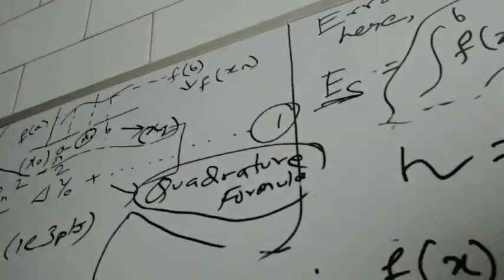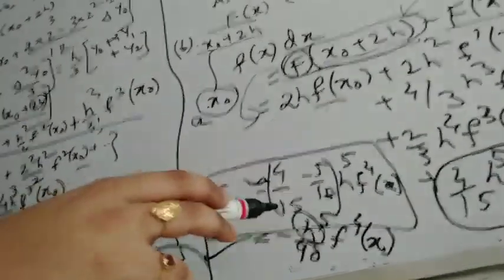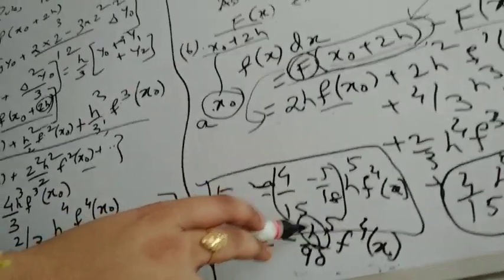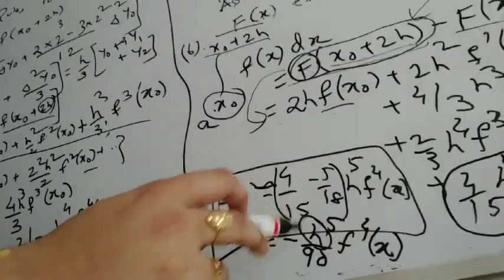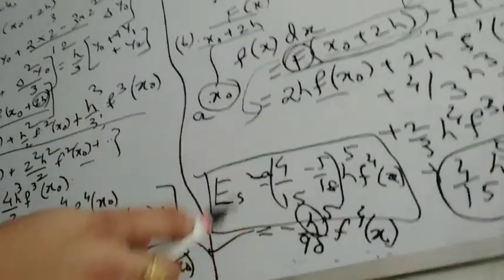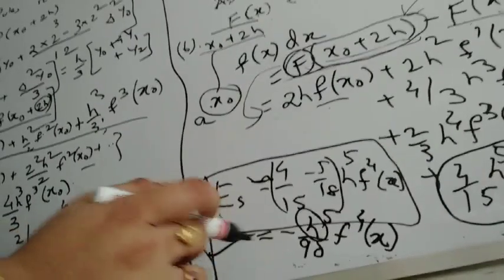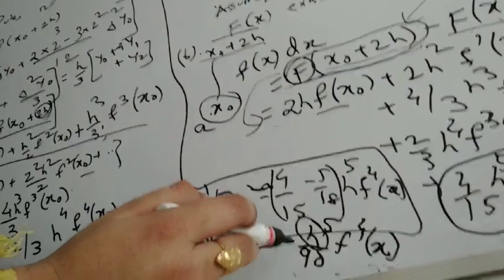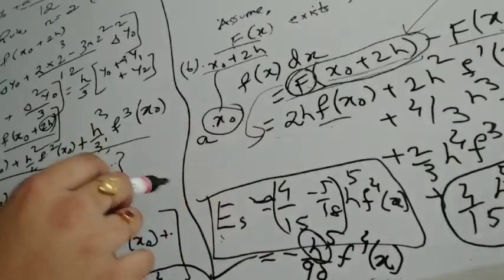So I can replace h by (b minus a) by 2. Instead of h, write ((b minus a) by 2) to the power 5 by 90. So you will get (b minus a) to the power 5, with the minus sign, by 2880. So I am writing the final expression here.